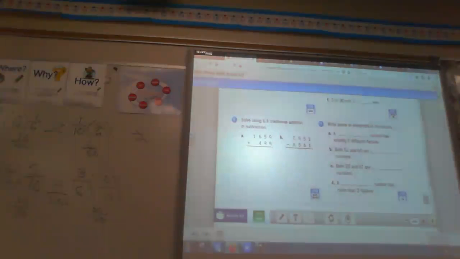What did you get? 2. No, because the 6 is on the same side. Oh, this is our 1 on the equal side. 2 times what? 2 times 4 is 8. What are we going to do here? 2 times.